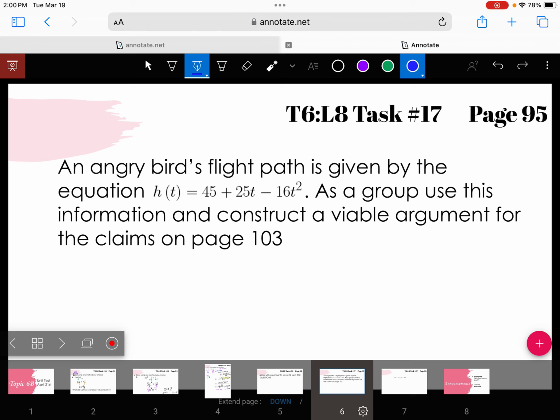So the information's on page 95. I want to know if there's any chance that they're going to hit a pig at 45, a pig at 57, or a pig at 65. And how can you tell? So I want you to try that. See what we think. There's a few different ways you can approach this. See if we can figure out if these birds are going to get hit.